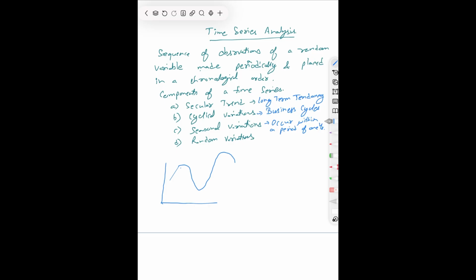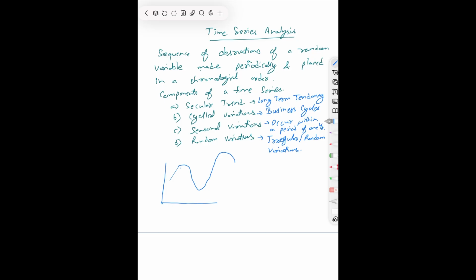Then there could be irregular or random variation. These may be the ones which are the result of certain identifiable causes, like a labor strike, a flood or a drought, a severe winter, an earthquake, an industrial accident, or something like that.